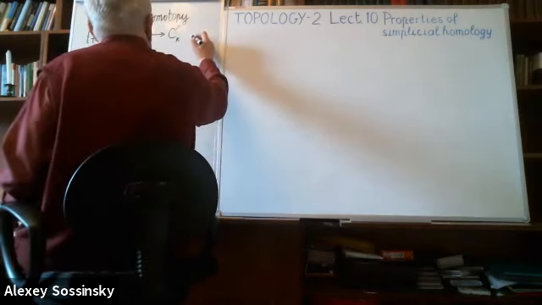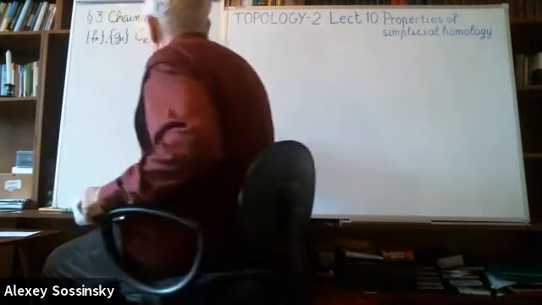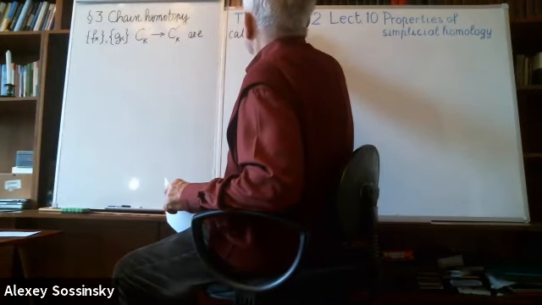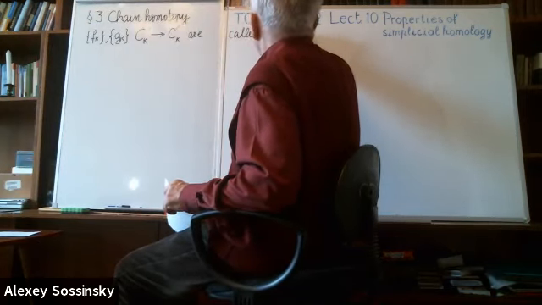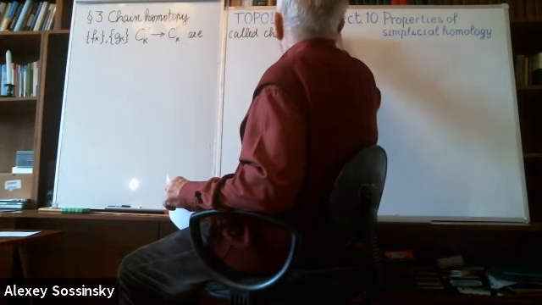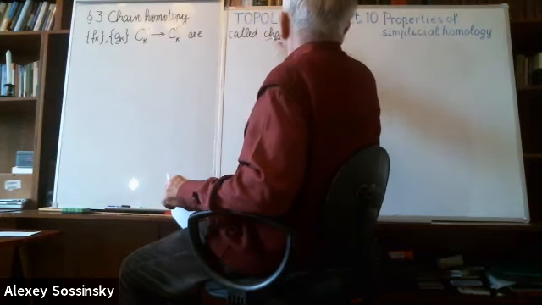And these two maps are called chain homotopic.